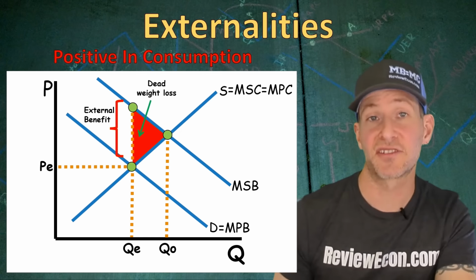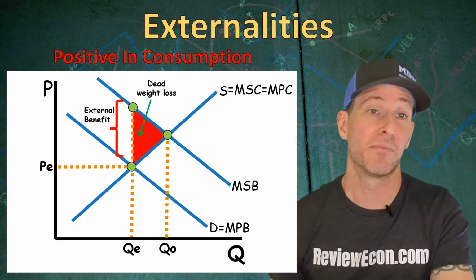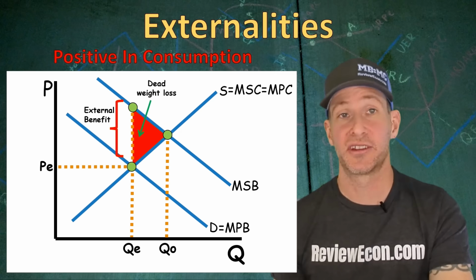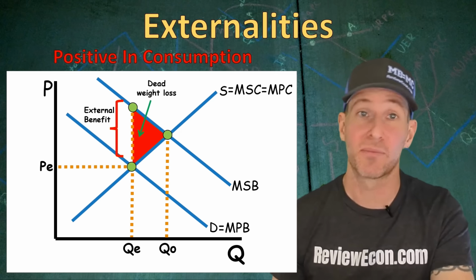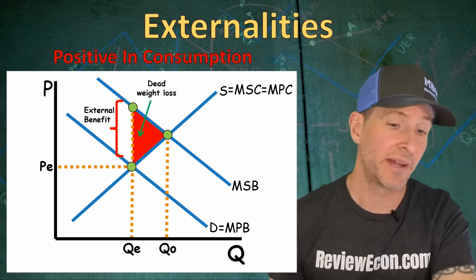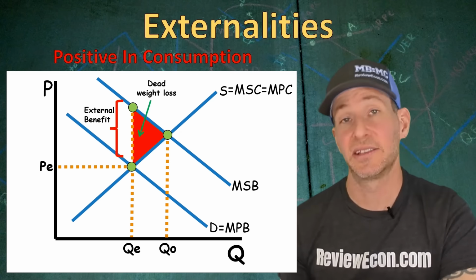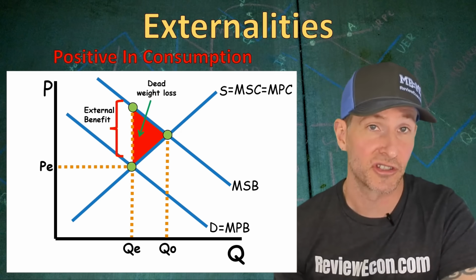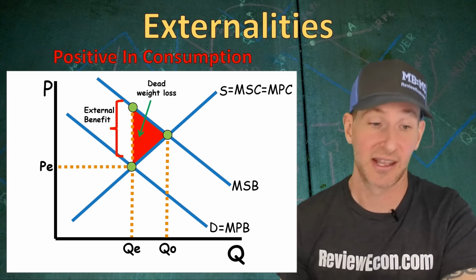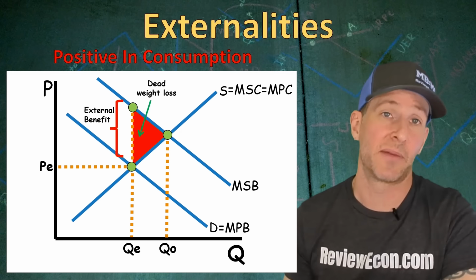If we have a positive externality in consumption instead of a negative one, then we are going to add the marginal external benefit to the demand curve, giving us a higher marginal social benefit curve. QE is the market quantity where supply equals demand, but the allocatively efficient or socially optimal quantity is at QO, where the marginal social benefit equals the marginal social cost. And since we are underproducing this product, we have that triangle of deadweight loss.